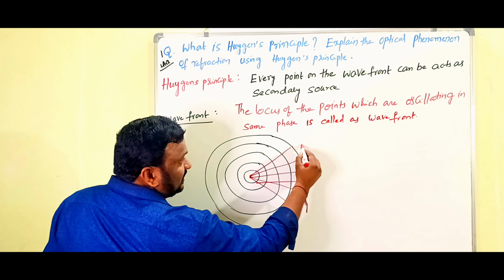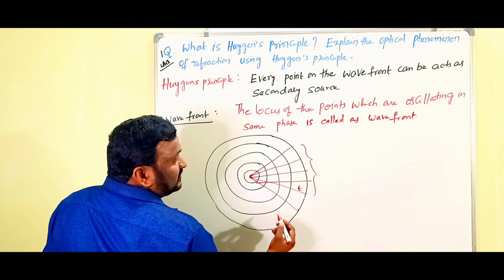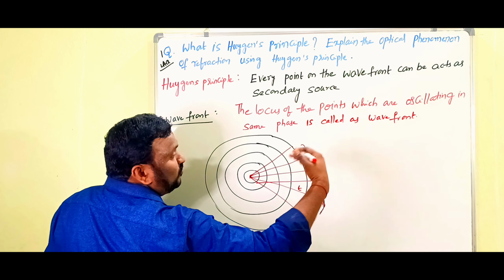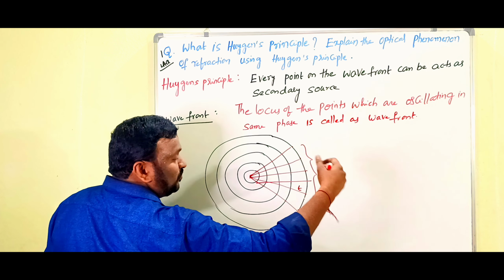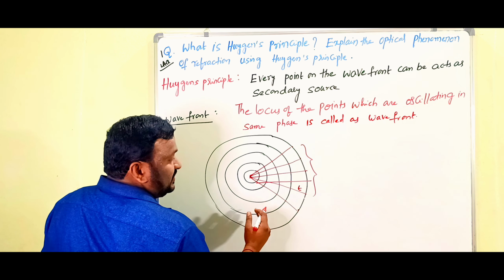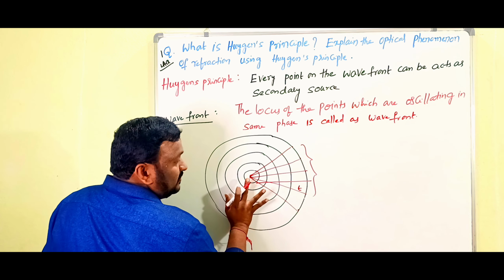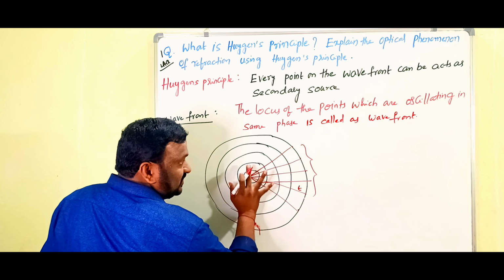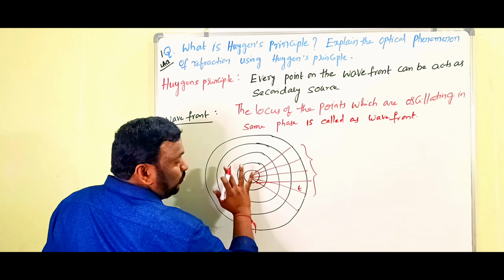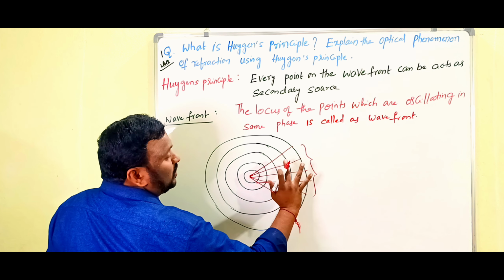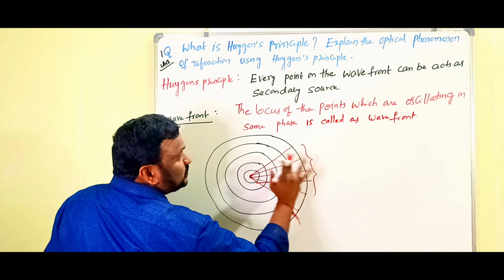So automatically they have the same phase of vibration or oscillation. That means the water ripples that are formed move with a constant velocity.